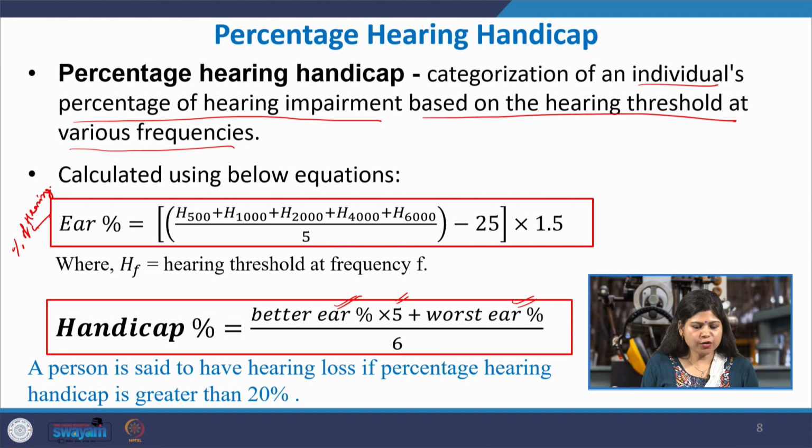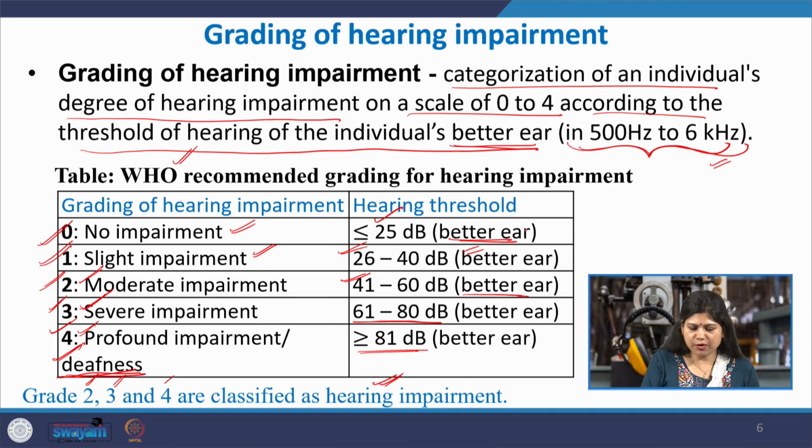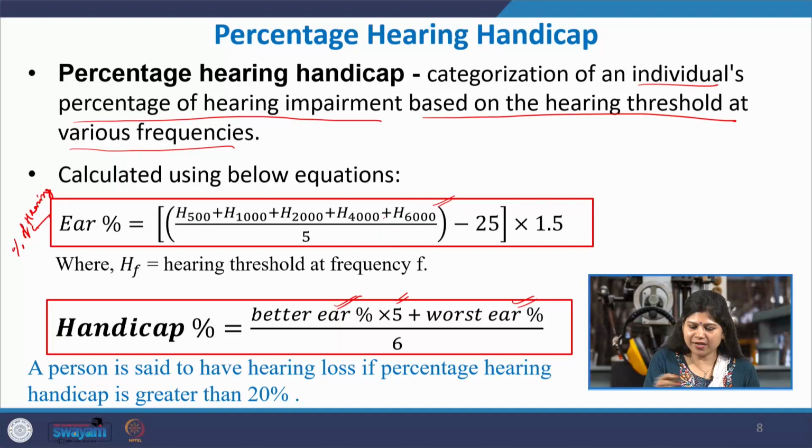So, for each ear you calculate the average of the threshold between 500, 1000, 2000, 4000 and 6000. The average threshold you calculate minus 25, because till 25 we are taking as no impairment. So, you already subtracted 25, then you multiply by 1.5, and all of this is the hearing threshold at these various frequencies.